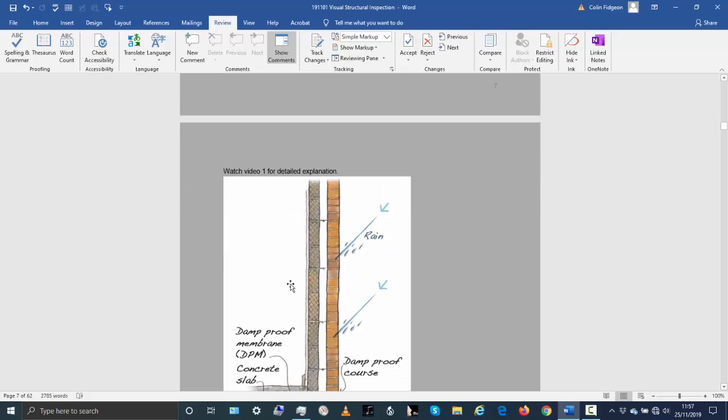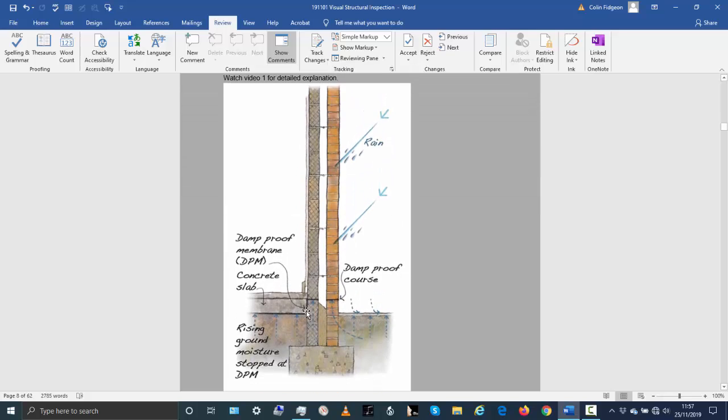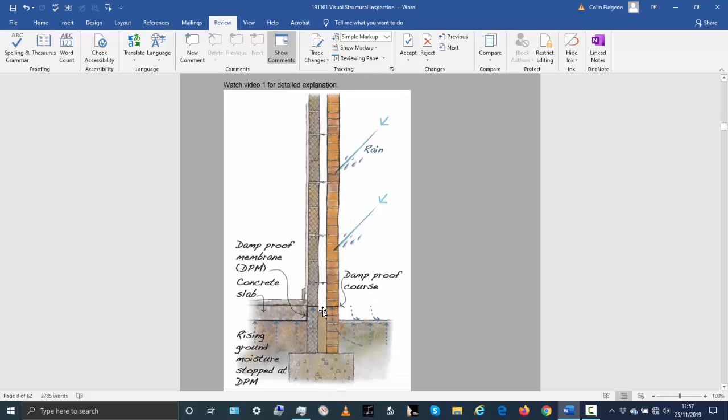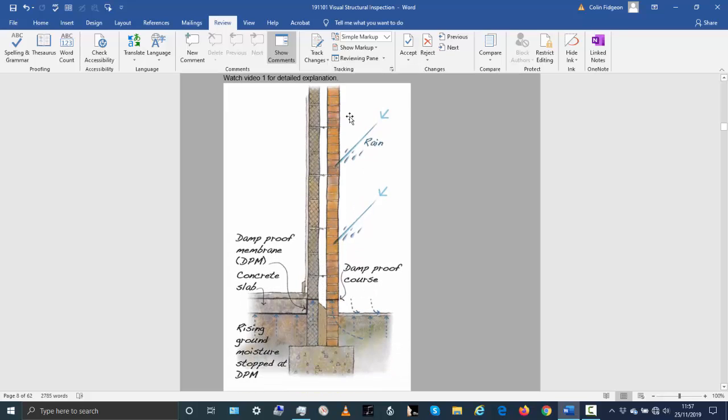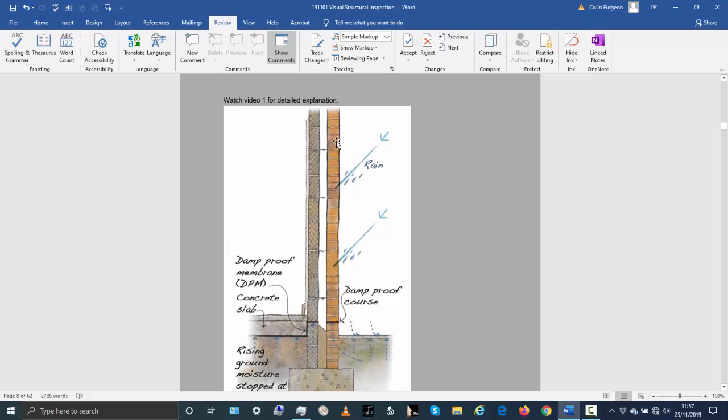Okay, so if I move on here to a more modern construction, which will show you the difference. Modern construction generally has a cavity in the middle of the wall, so that if any rain penetrates through the first leaf, which here is shown as brickwork, though it could be blockwork, it cannot go through to the inside.